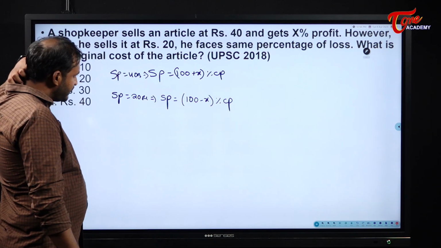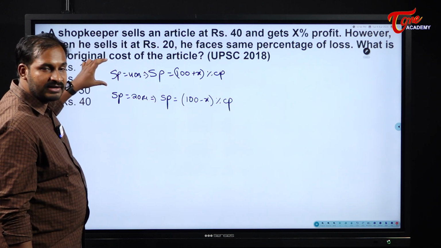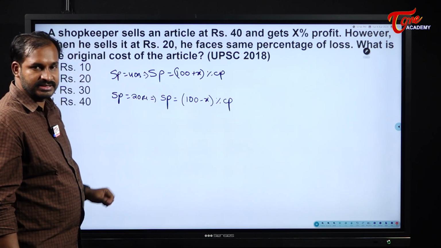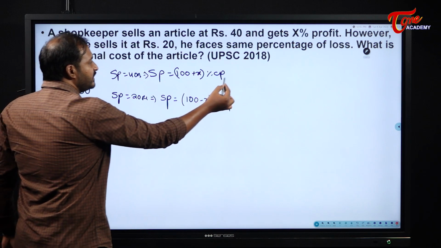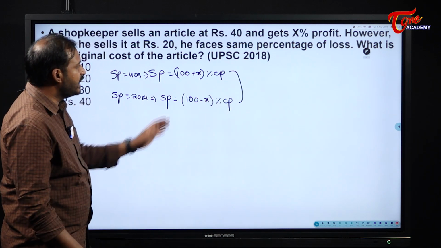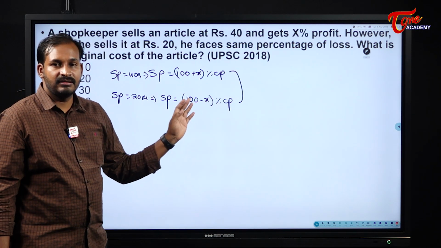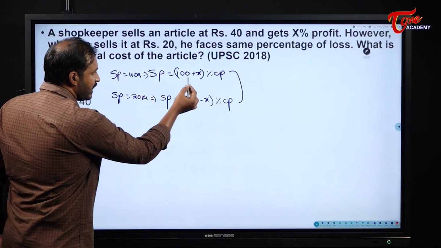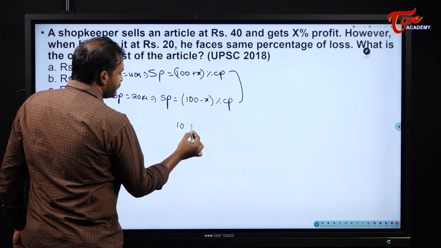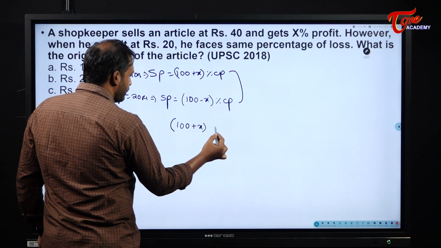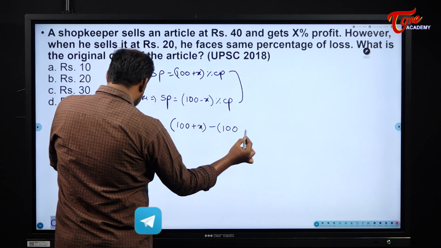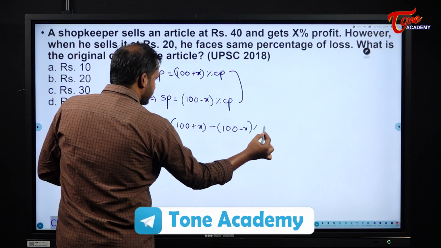Now what is the difference between these two prices? 20 rupees. And what is the difference between these two? 100 plus X minus 100 minus X percentage of CP I will get.